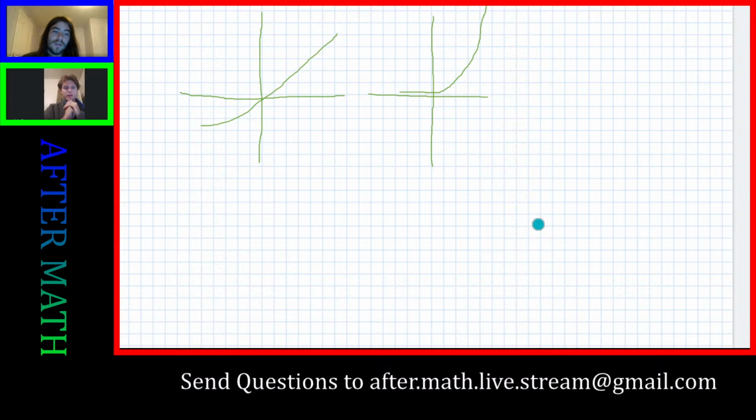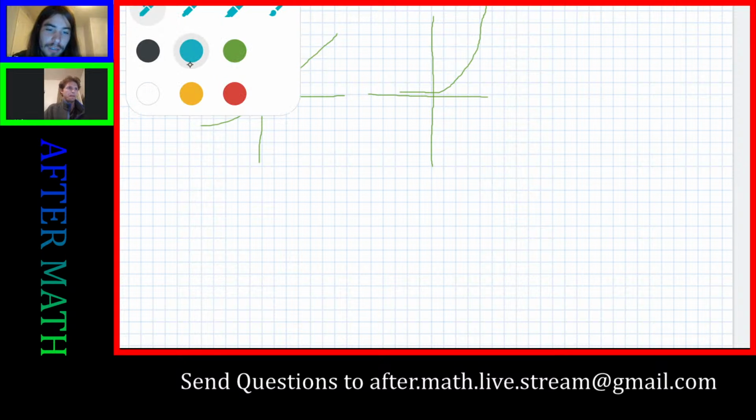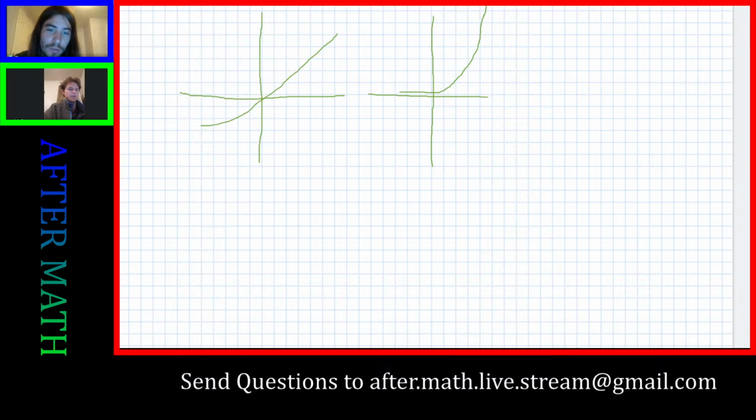So, Jaden, how does this relate to things I've heard a lot in the news, like exponential growth of COVID cases? So how does this all fit into that?